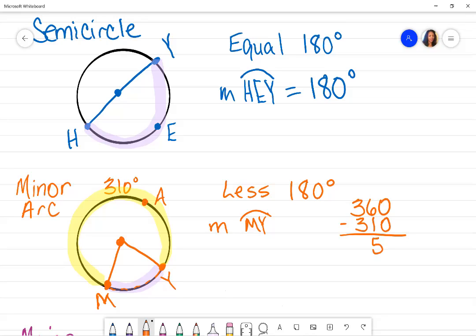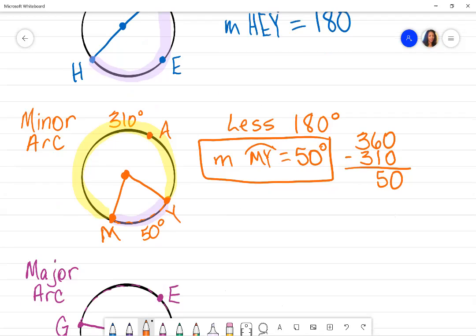Whatever that difference is, that is the measure of the minor arc that I'm looking for. So the measure of arc MY, again measured in degrees, is 50 degrees. Okay, that's how that works.